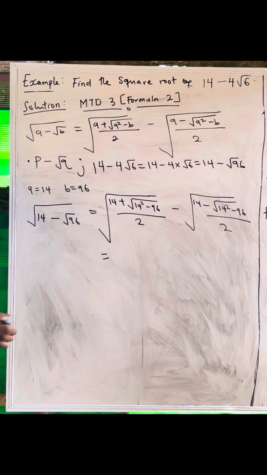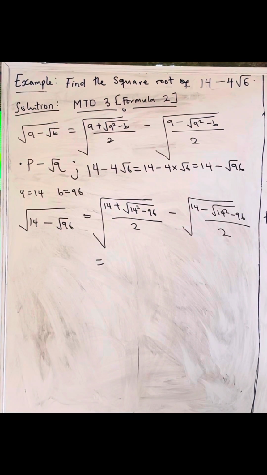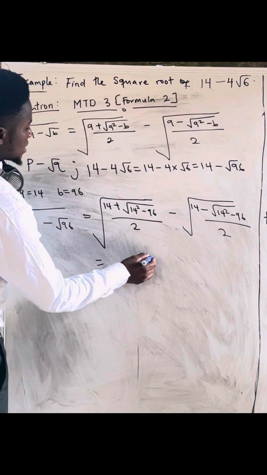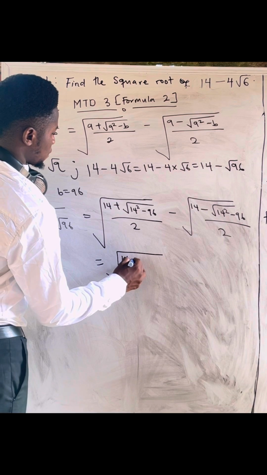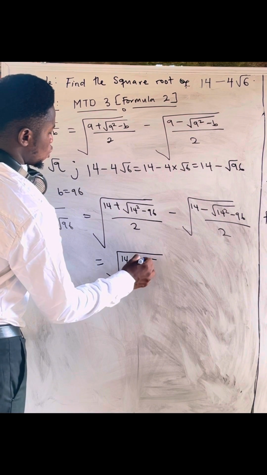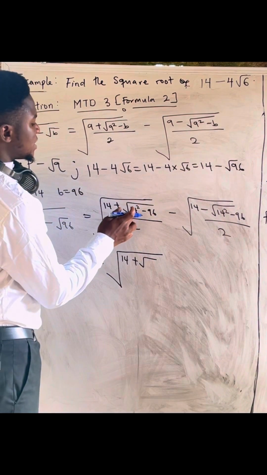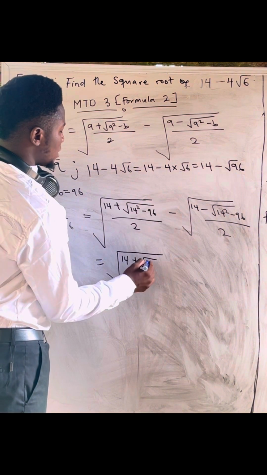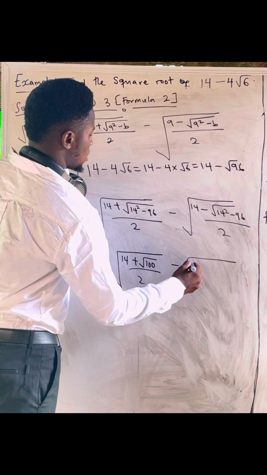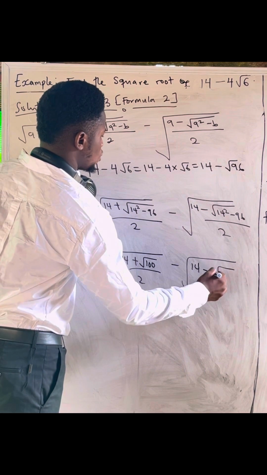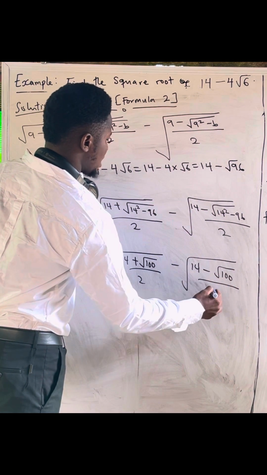So once we've done this, guys, 14 squared gives us 196. So this will be square root 14 plus root, 14 squared is 196, 196 minus 96 is 100, root 100 over 2, minus 14 minus root 100 over 2.